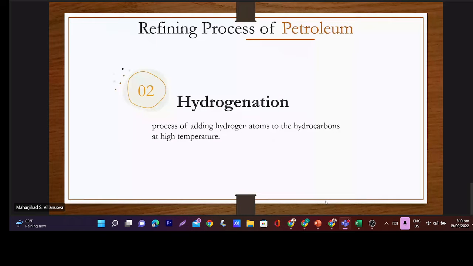So, ito rin po, in the presence of catalyst, typically po, mga nickel compounds po. And isa pa pong process rin po nito is adding hydrogen to unsaturated hydrocarbons for stabilization po ng petroleum products and pagre-reduce po ng or aromatic reduction.